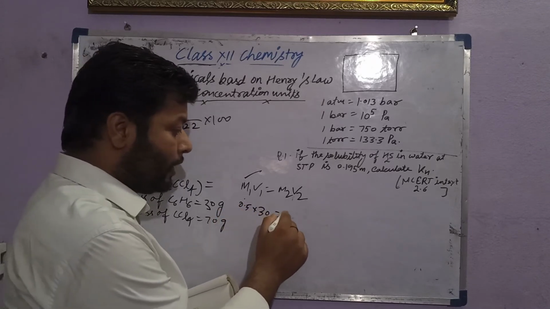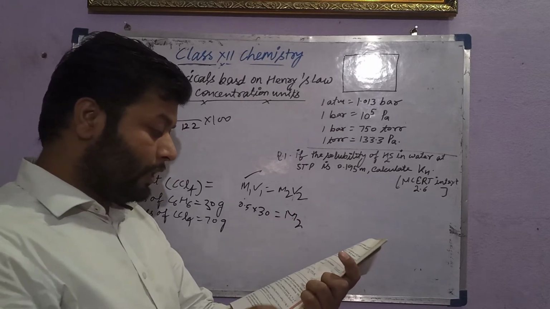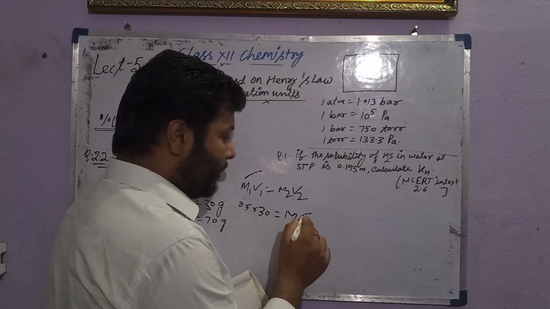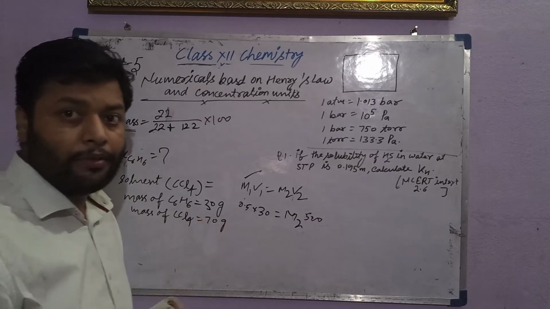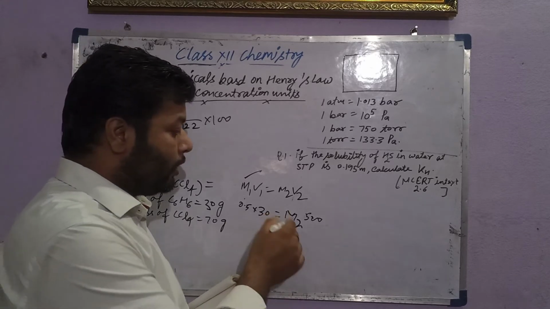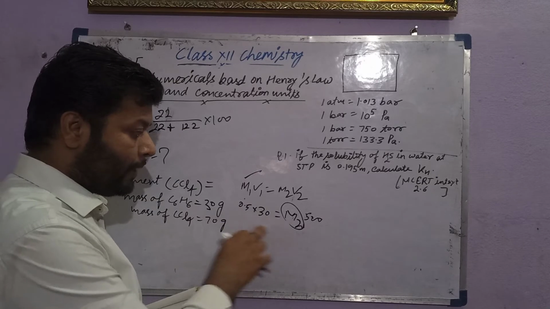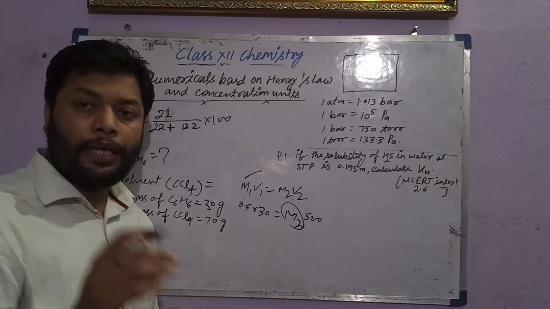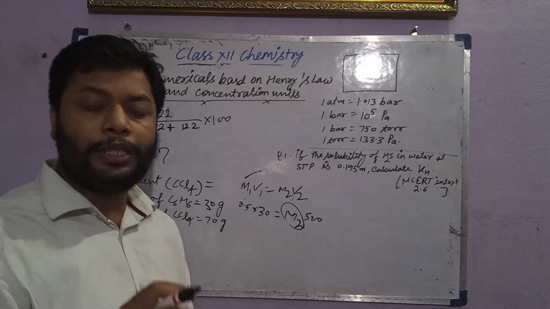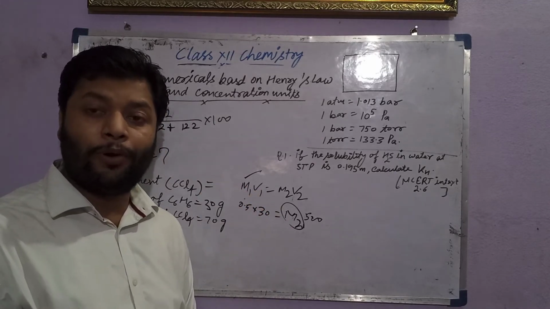What will be the new molarity of the solution? If the solution is diluted to 500 ml, the final volume is 500 ml. So you can calculate by the dilution formula the new molarity, because 0.5 into 30 upon 500 will give you the new molarity of the solution. Anytime the solution is diluted, you have to use the dilution formula of molarity.